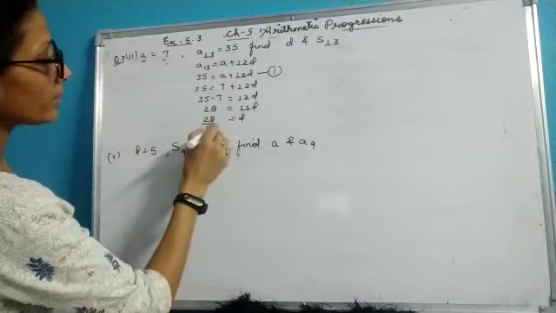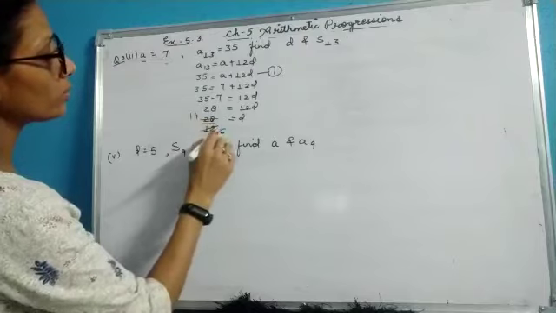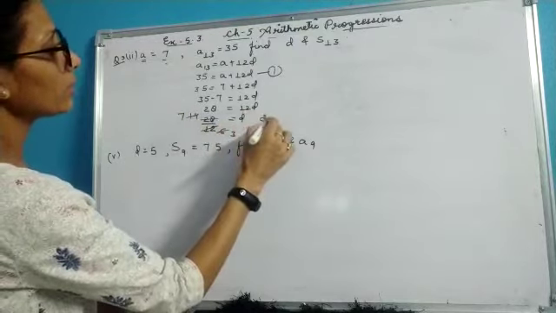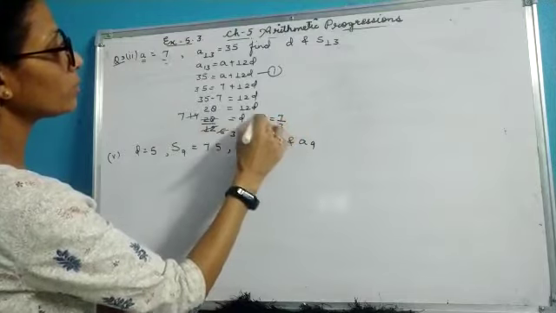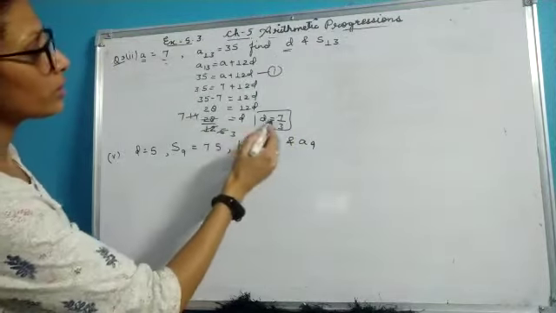And here I can get it as 2 6s, 2 14, 2 3s and 2 7s. So I am getting my D equal to 7 by 3. So this is what we need to calculate. So D equal to 7 by 3.